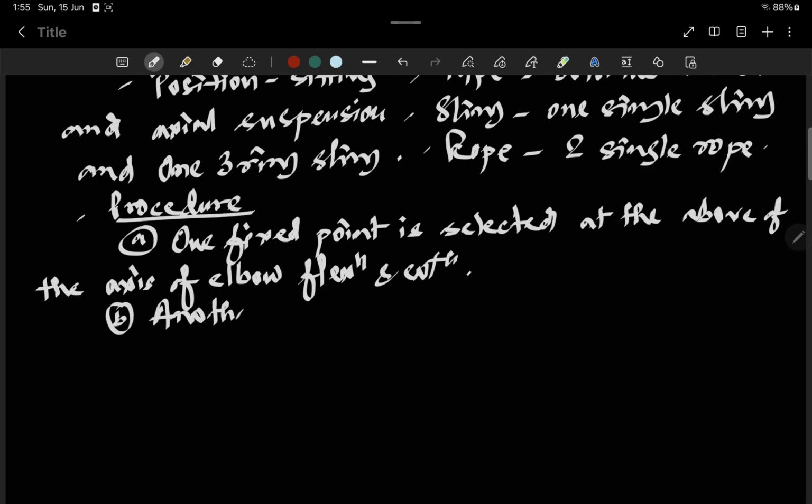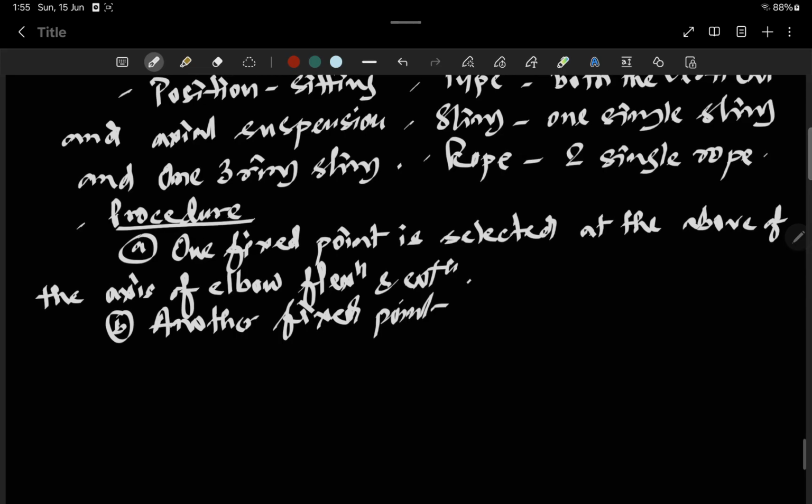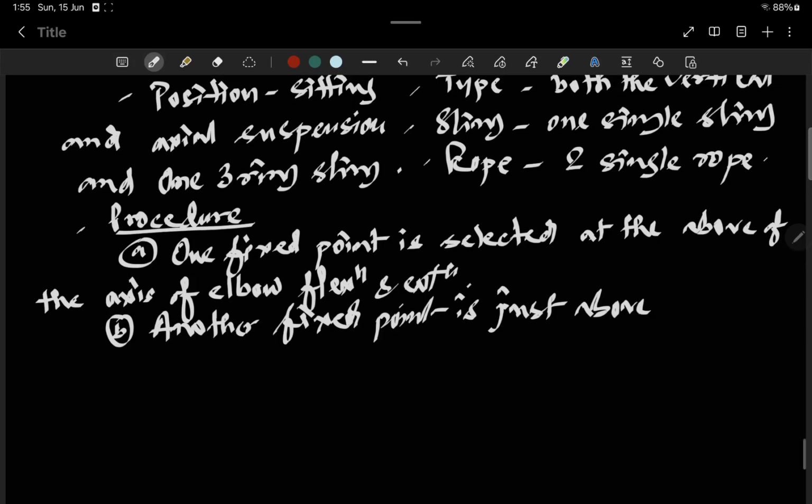Another fixed point is selected just above the mid point of the arm.